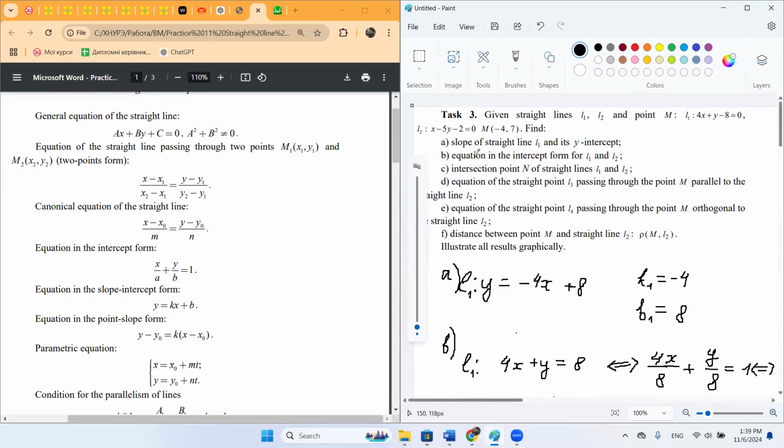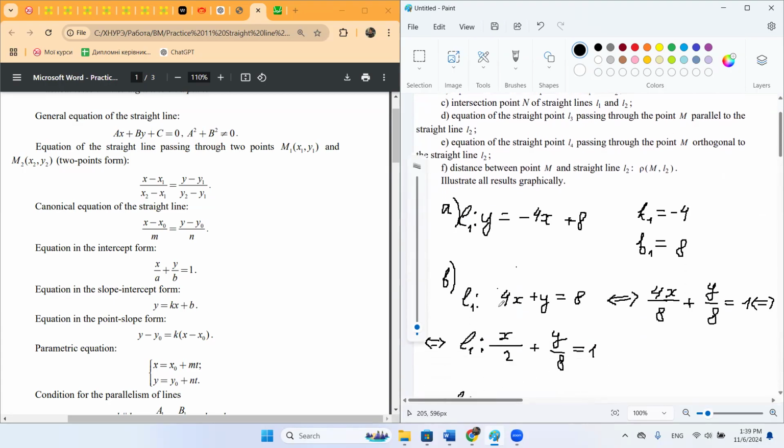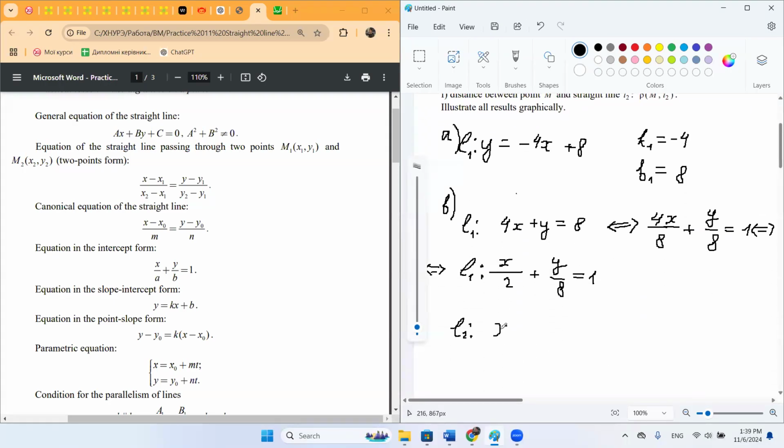Then the same for L2. So x minus 5y equals 2. So x by 2 minus 5y by 2 equals 1.